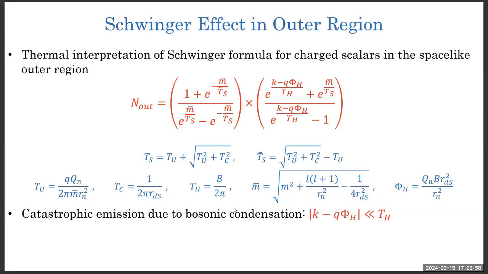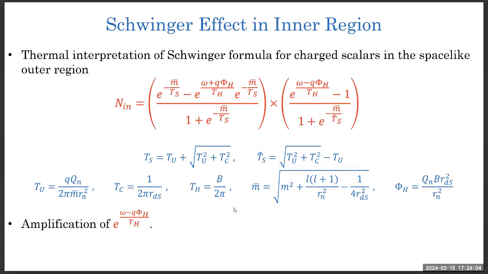You have a negative sign, but in between now you have the positive sign. This one looks like a fermionic distribution. The reason is the boundary condition I explained.